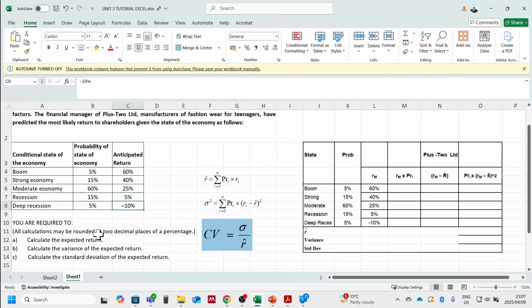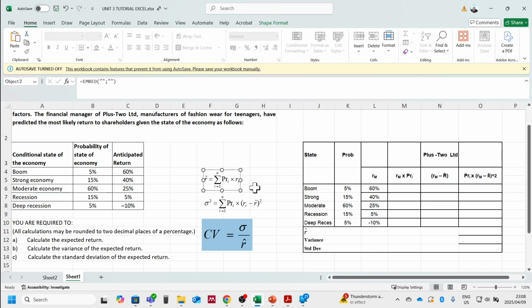So based on our requirement, we are required to calculate the expected return, the variance of the expected return, as well as the standard deviation of the expected return, which gives us what we call the risk of the asset. Over here, we have the following three formulas.